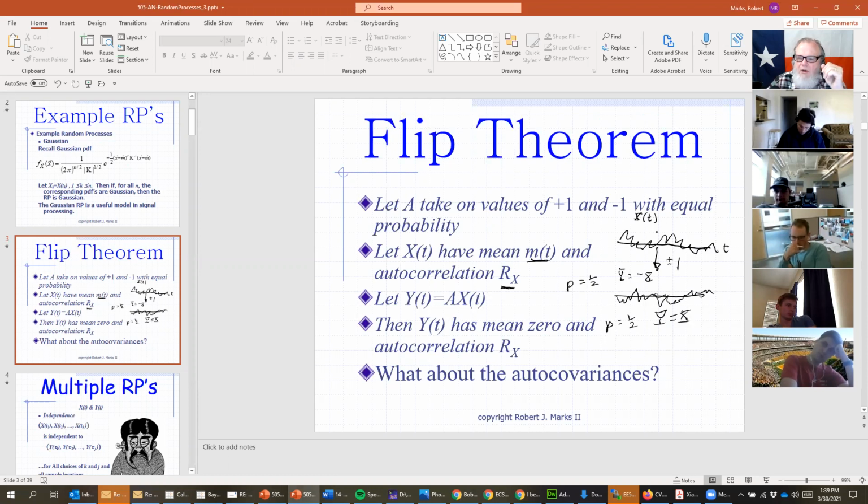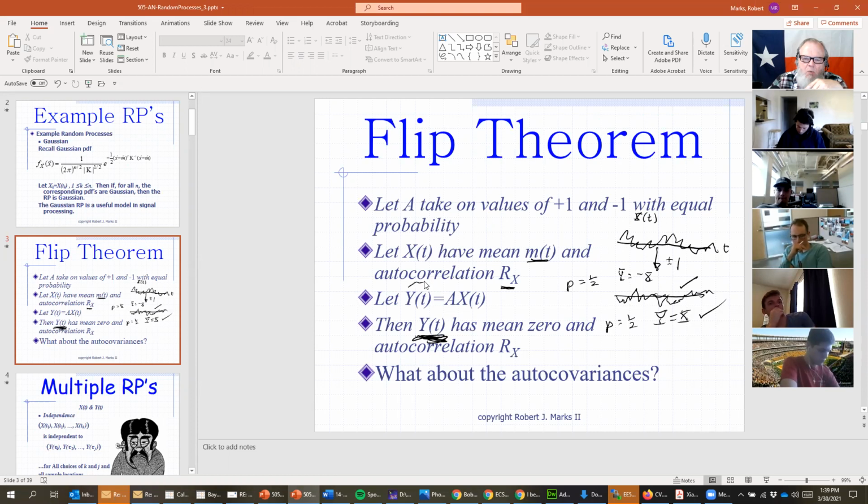So again, we take an arbitrary random variable or stochastic process. We're going to flip a coin. +1 is heads, -1 is tails. If it's tails, then the new stochastic process is equal to minus the first. If it isn't, then it's exactly the same stochastic process. Now, if you flip a coin, it turns out that the expected value of y is going to be 0.